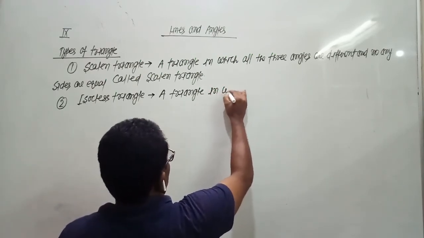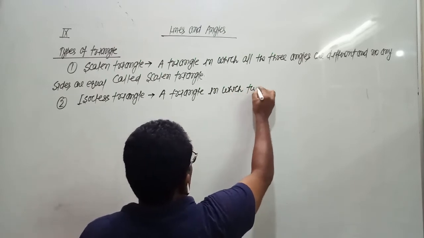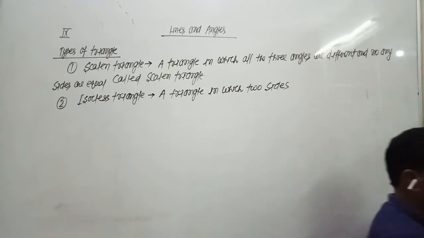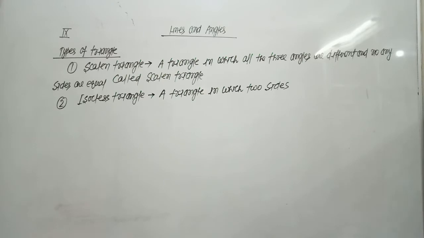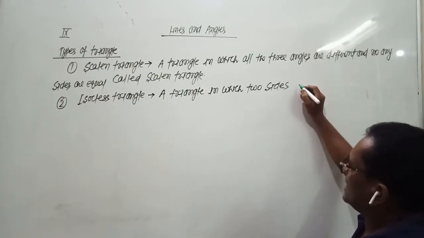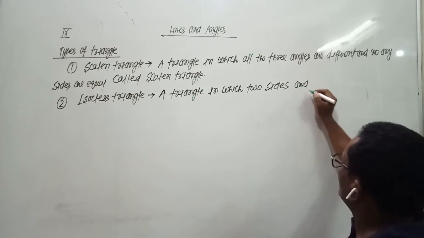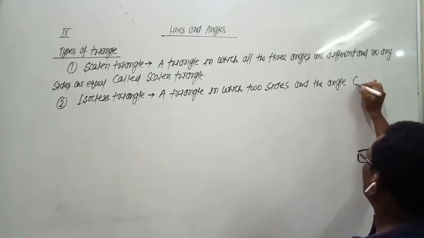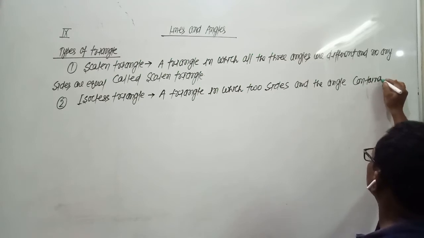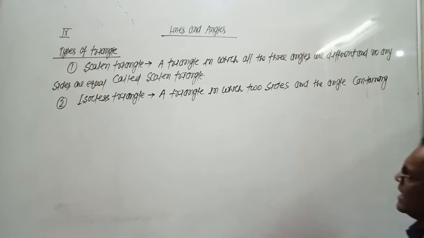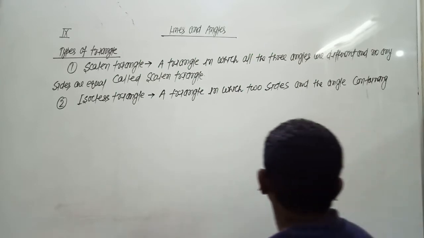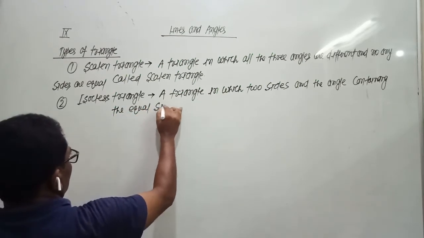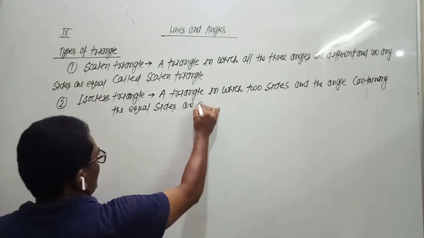A triangle in which two sides and the angle containing the equal sides are equal.